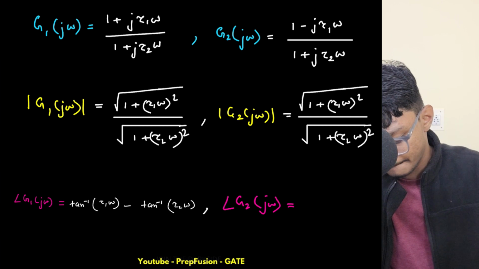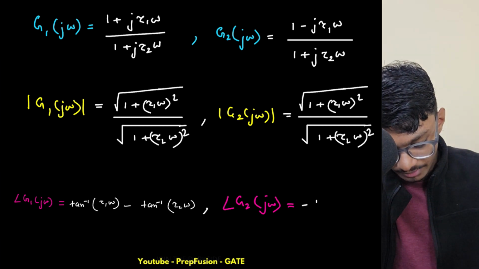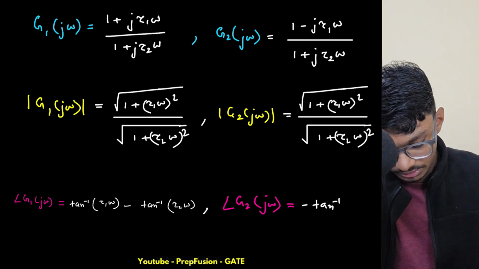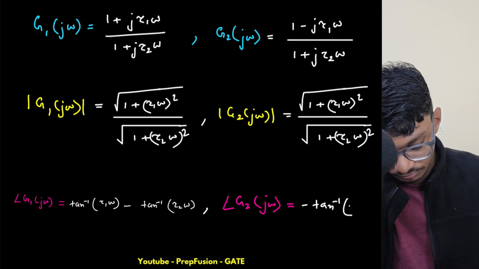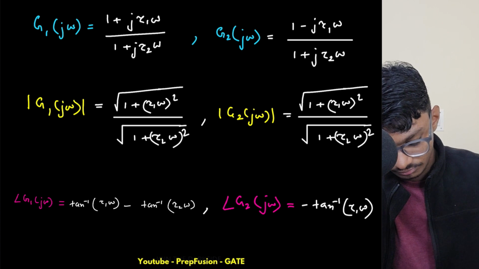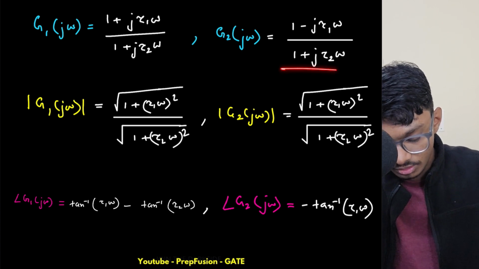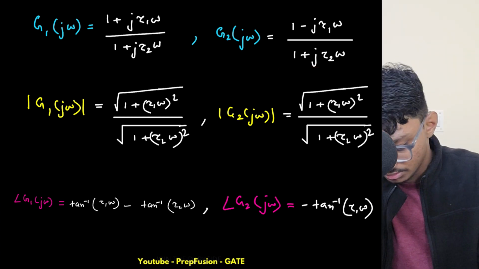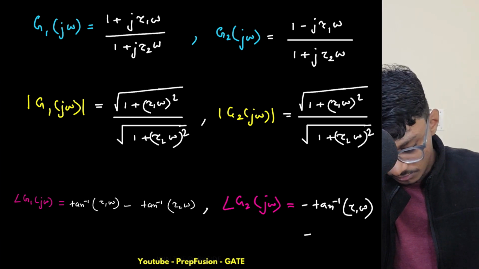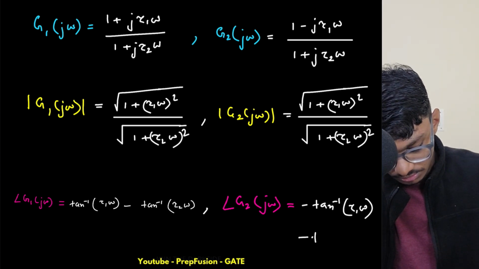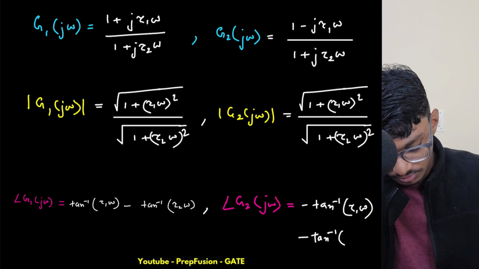So due to the zero I am getting minus tan inverse tau 1 omega, and due to the pole I am getting minus tan inverse tau 2 omega.